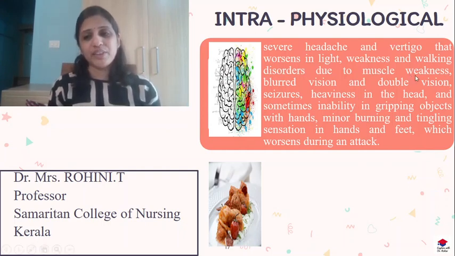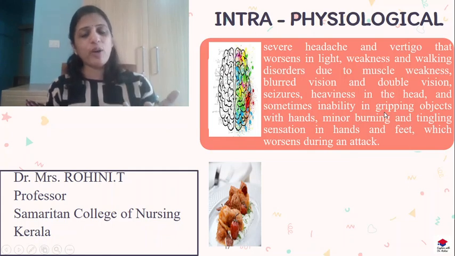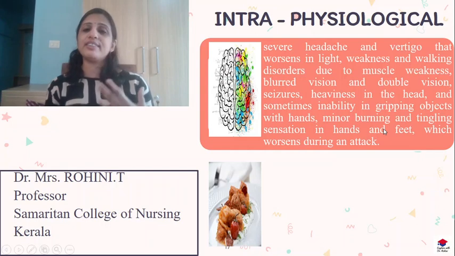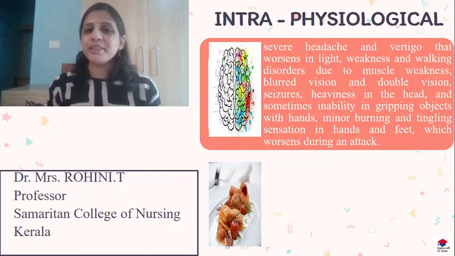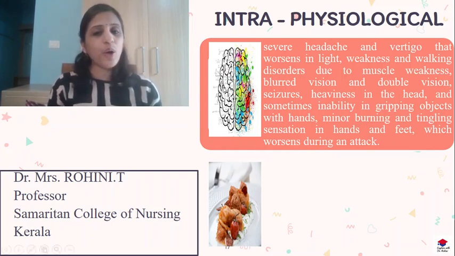So this patient suffers from muscle weakness, blurred vision, double vision, seizures, heaviness in the head, inability to catch hold of objects, and a burning and tingling sensation in the hands and feet, which worsens during an attack. So many symptoms this patient is enduring because of neurological damage.